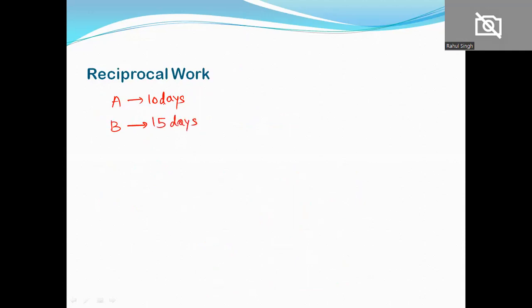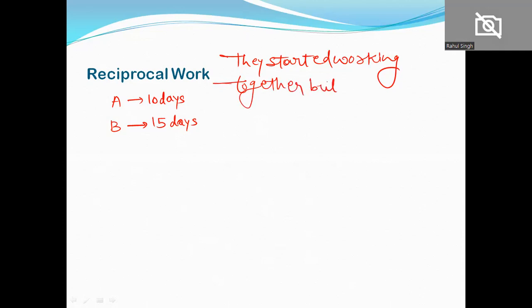Alright, they started working together, but after 2 days A has left the work.